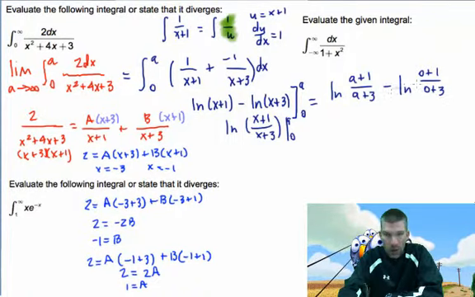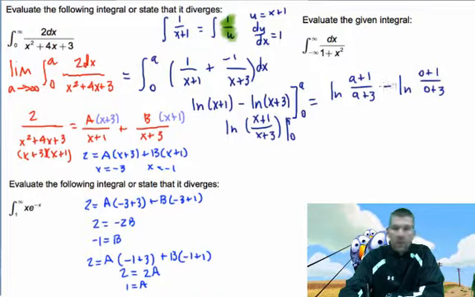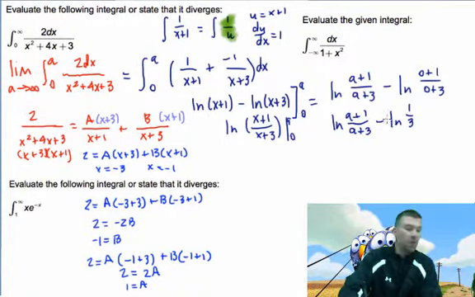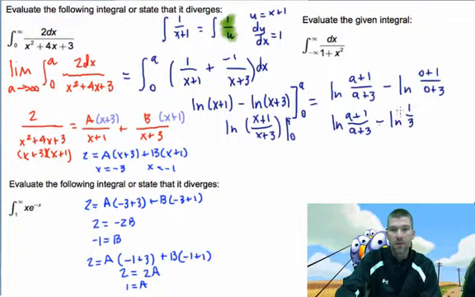Okay, so here's where we're at. When we sort all of this out, we wind up with the natural log of a plus 1 over a plus 3, let's leave it in fraction form, minus the natural log of 1/3. That natural log of 1/3 is all it is, a number.